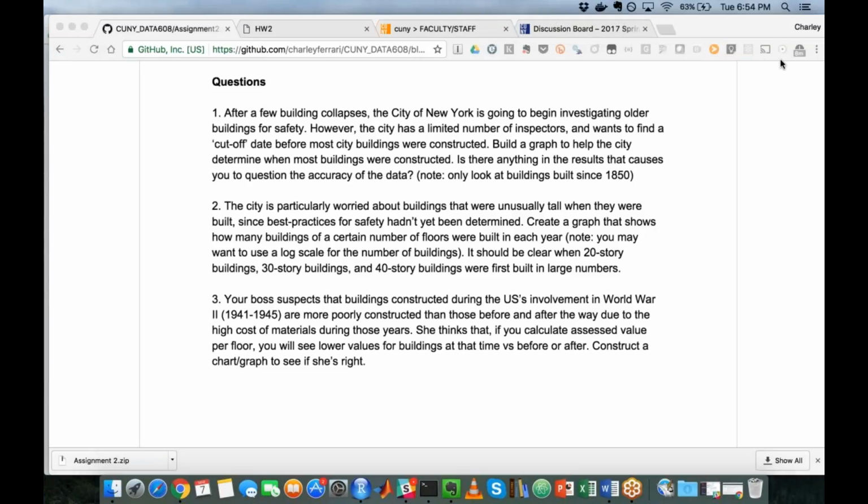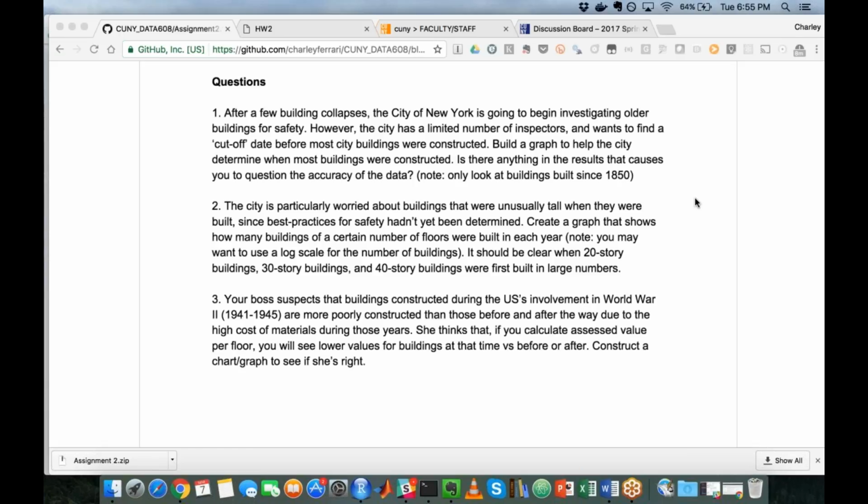Similarly to the last assignment, a lot of these questions involve some interpretation. These questions are a bit open-ended, which is just getting you to think about how you're able to answer these questions. So with the first question, we're looking at older buildings. Like all of this, you're pretending to be an investigator for the city of New York.